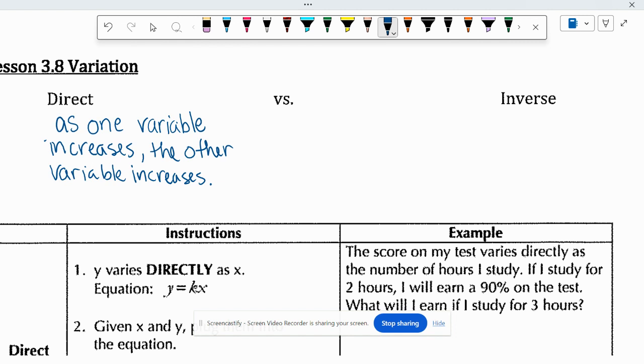Okay, as one variable increases, the other variable increases. That's all that means.